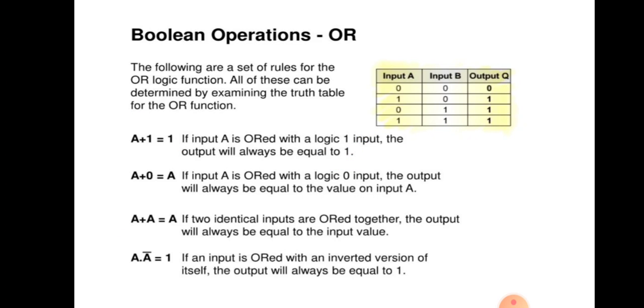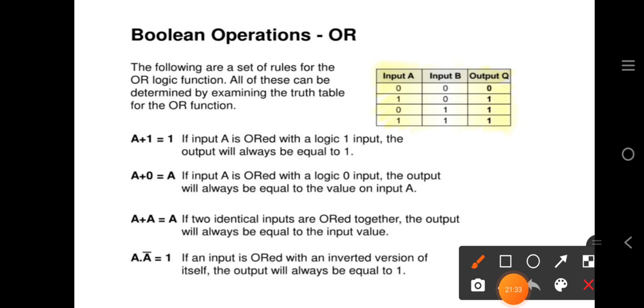Now the second rule: if A is ORed with a logic 0 input, the output will always be equal to the value on input A. So if the second input is 0, whatever the input, 0 or 1, the output will be the same as the input.